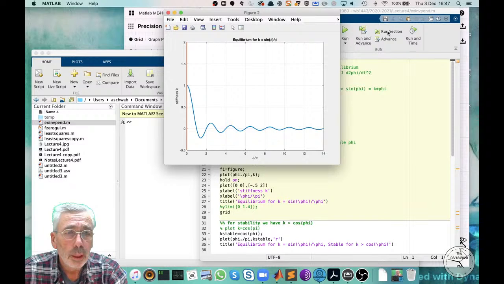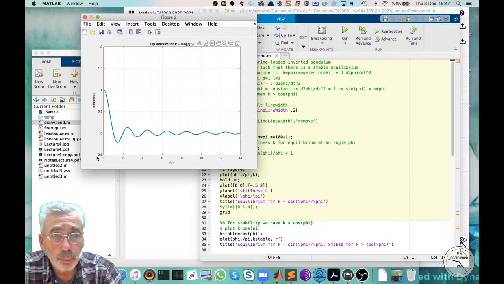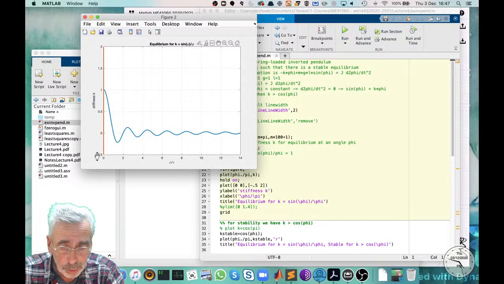On the horizontal axis I have these equilibrium angles, and vertically I have the spring stiffness, and for phi is 0 every spring should do, because it will always give an equilibrium. And then we see all these solutions.